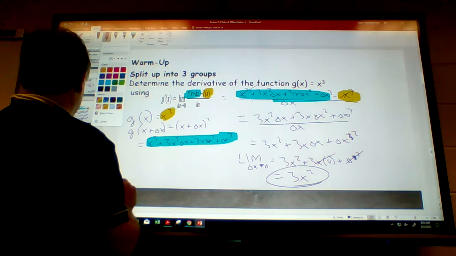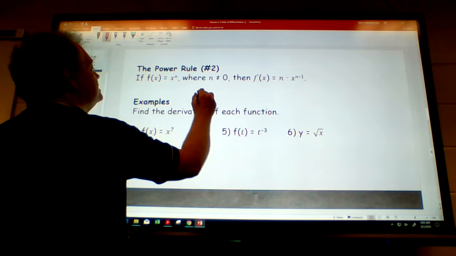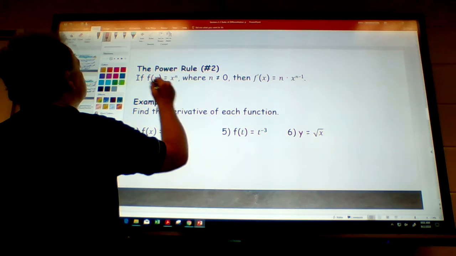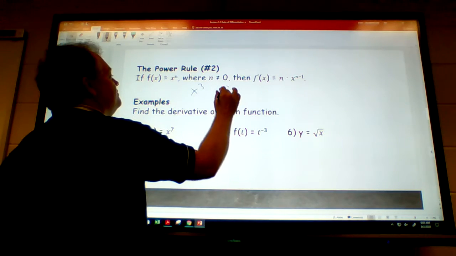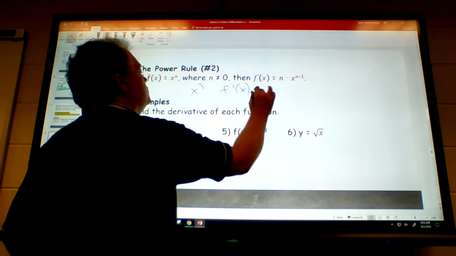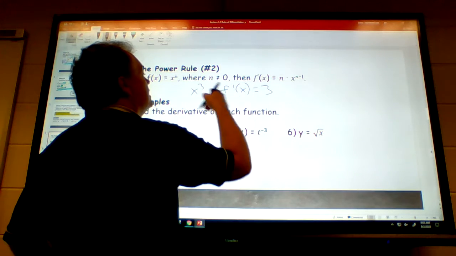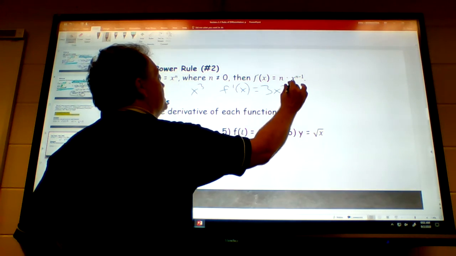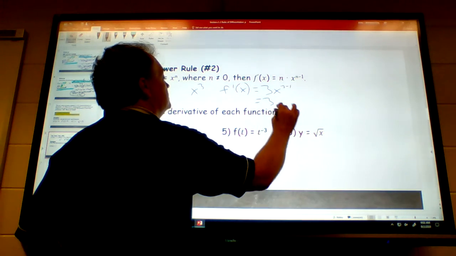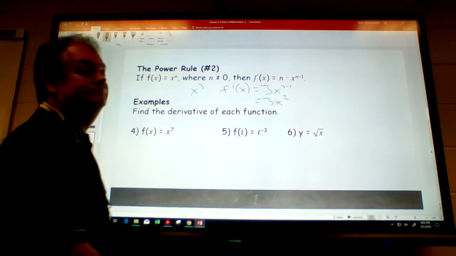Well, let's take it back there. All right, x to the third. f prime of x is 3, the exponent, times x to the 3 minus 1. Well, 3 minus 1 is 2.